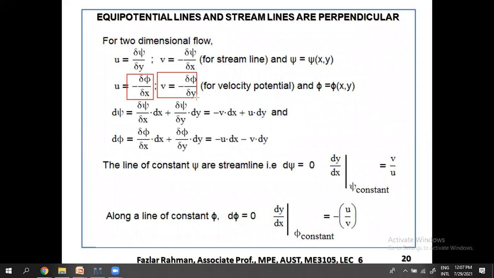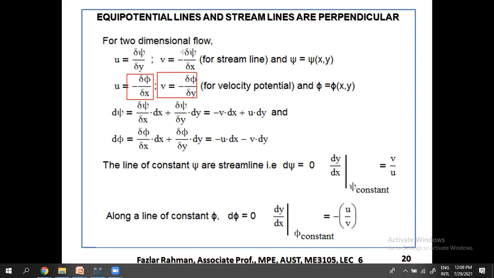You make the derivative along the x-axis, del psi by del x, it will give you velocity at a 90-degree angle. So you're making the derivative along the x-axis, so it will give you velocity along the y-axis, that means v.